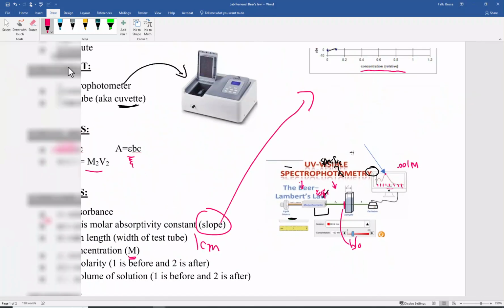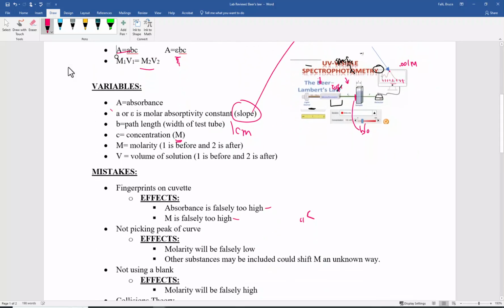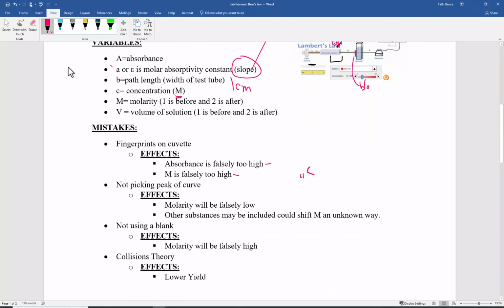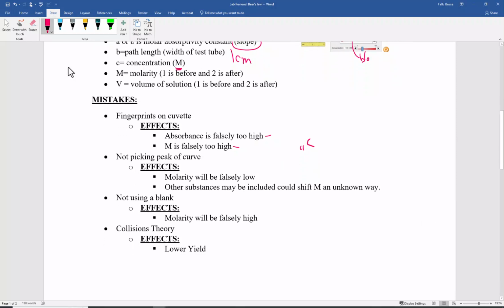So that's the wavelength I use. If you're not picking the peak of the curve, the molarity will be falsely low. And other substances may be included, which could shift molarity in an unknown way. In other words, you're not going to be picked for your mistake.